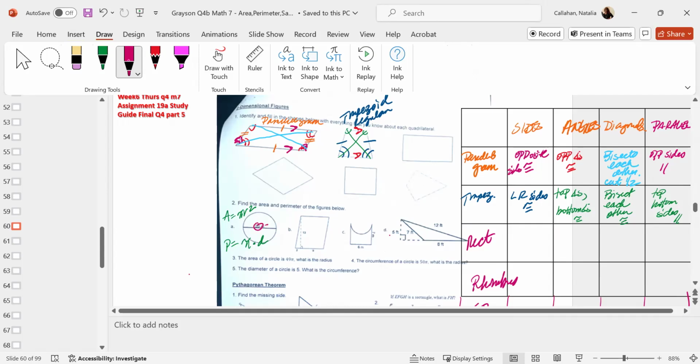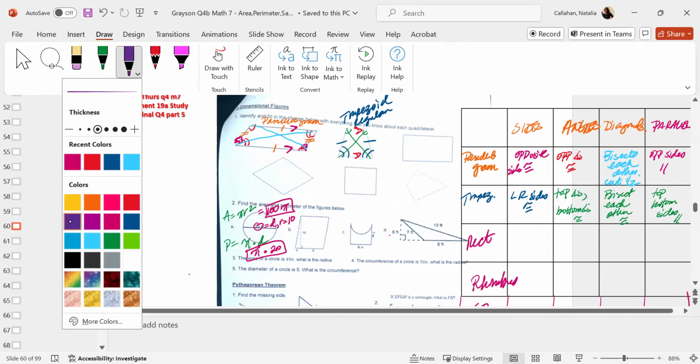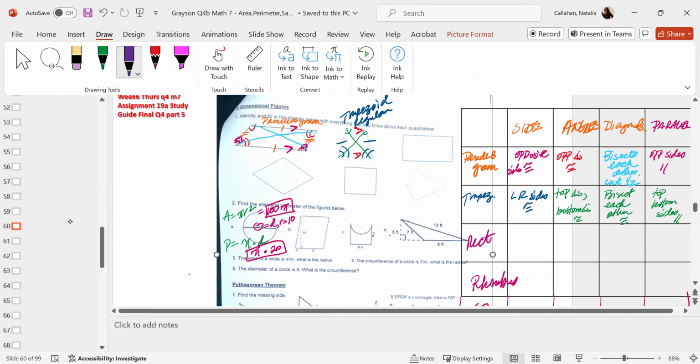What is 20? The radius, right? 20 is not the radius. That's the whole thing. That's the diameter. Oh, diameter. Radius is 10. Now find the area and the perimeter.